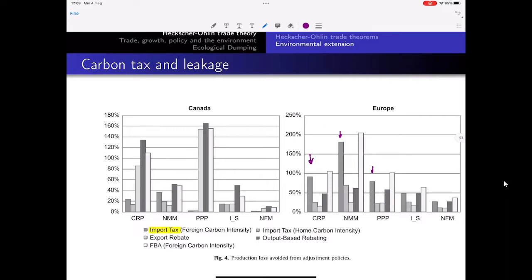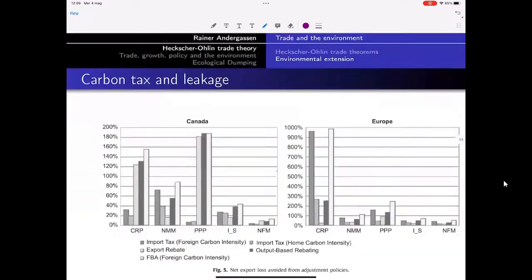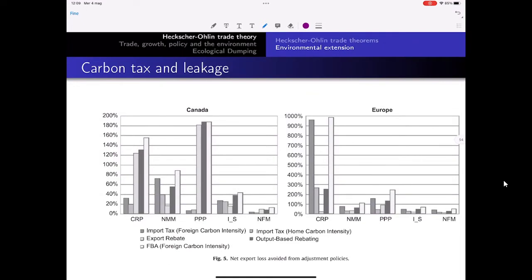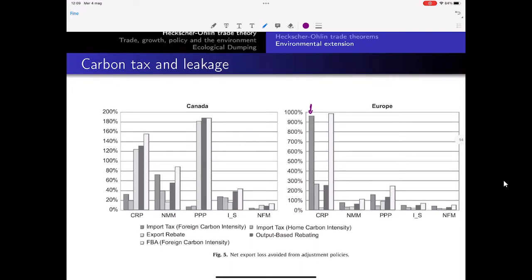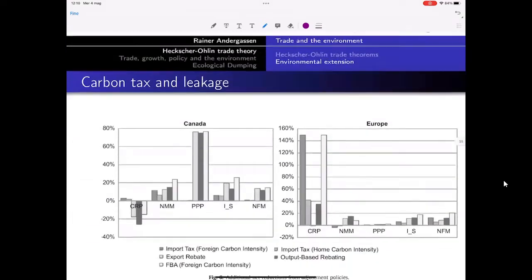And for foreign carbon intensities, it works better than for home carbon intensity. It's true also if you look at the net export loss avoided: in this case too, the import tax works fine. This is something I just wanted to highlight.